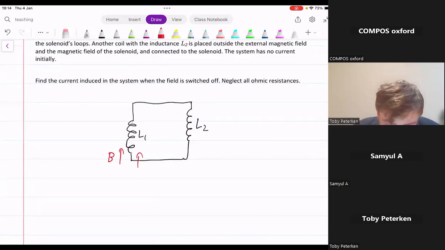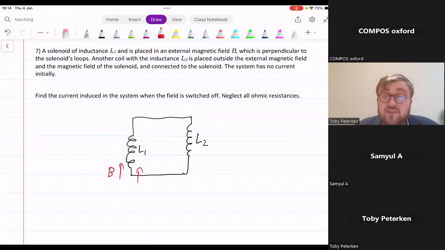Now, this external magnetic field is just instantly switched off, or switched off extremely quickly. We're never told. Now, what's going to happen here? Well, an inductor is just a coil of wire. With a magnetic field through it, there's a flux. So while the magnetic field is constant, nothing happens. The magnetic field is instantly switched off, or quickly turned off.